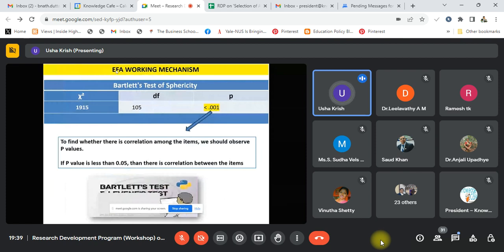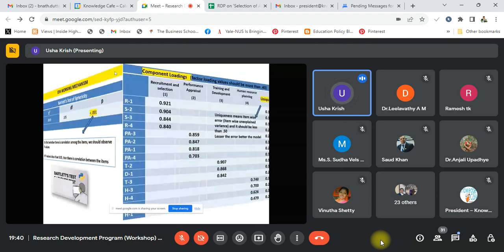If it is less than 0.05, then there is relationship among the items. In this case, the data what I am showing on the slide, the p-value is less than 0.001. That means there is relationship among items. This is about the third table which comes under EFA.